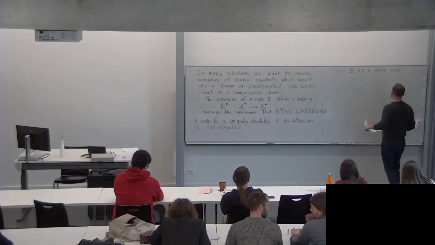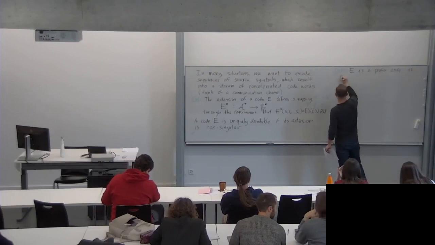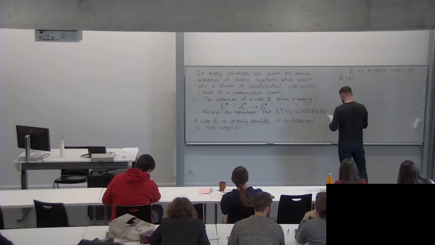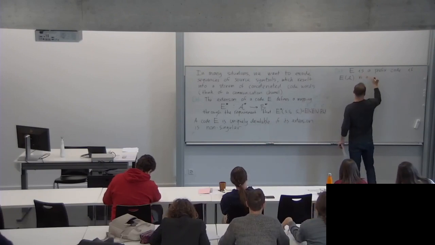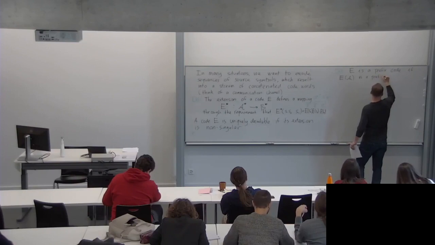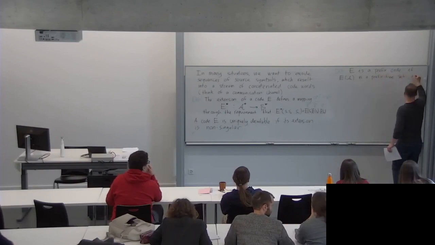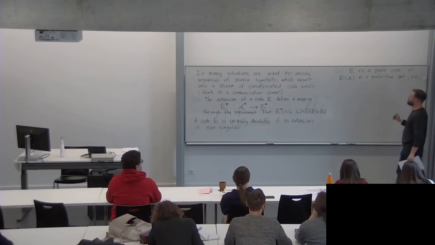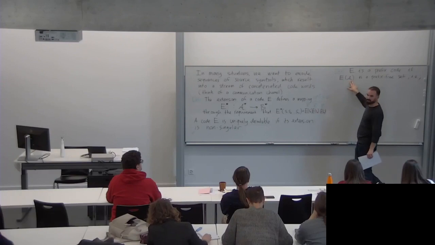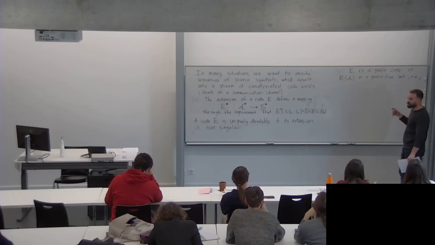E is a prefix code if E of A is a prefix-free set. So you take the image of the alphabet, and it's a prefix-free set. In English, what does that mean? It means that no code word is a prefix of a different code word.